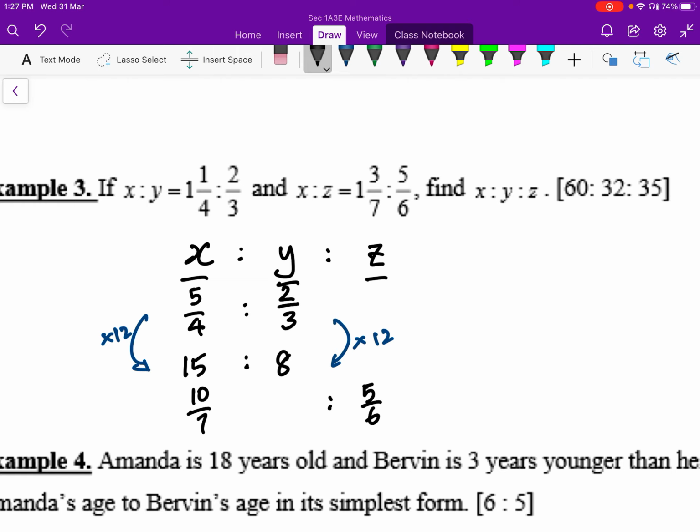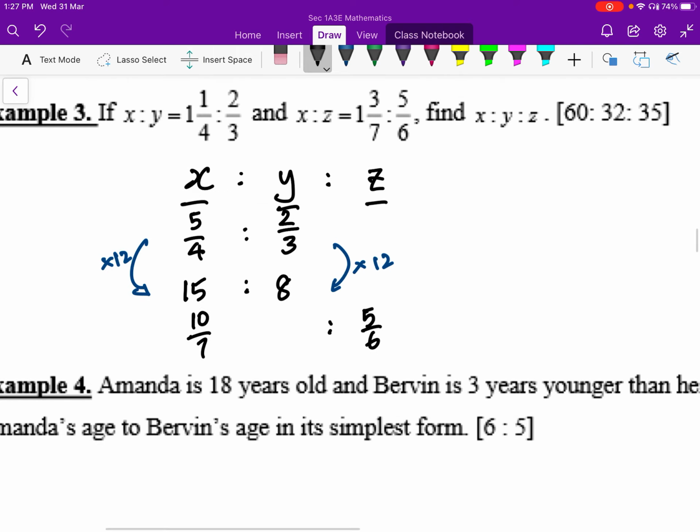And what is the LCM of 7 and 6? 42. So let us multiply by 42 on both sides. Due to a lack of space, I'm going to just erase it. But for you, try and write it neatly. So multiplying by 42 on both sides, I get 60. Then I multiply by 42 on this side, I get 35.